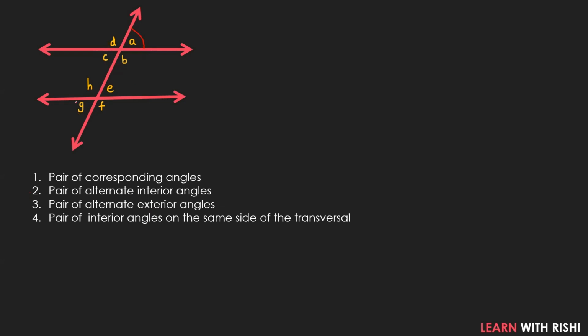So opposite here is G. So A and G will be my pair of alternate exterior angles. Similarly, angle D and angle F. So these 2 pairs will be my alternate exterior angles. I hope you understood the difference between alternate interior angles and alternate exterior angles.